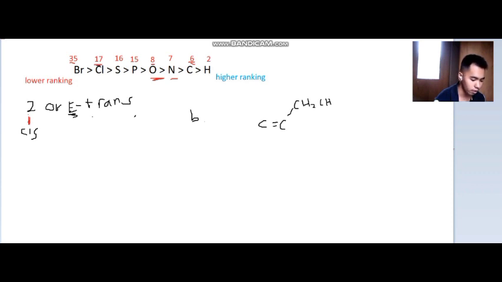So we have an ethyl here, and then we have Cl, and then it is bonded with a H3C. And then we have CH2, CH2, and then we have CH3.